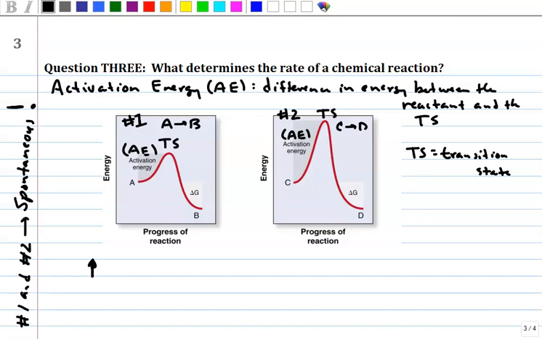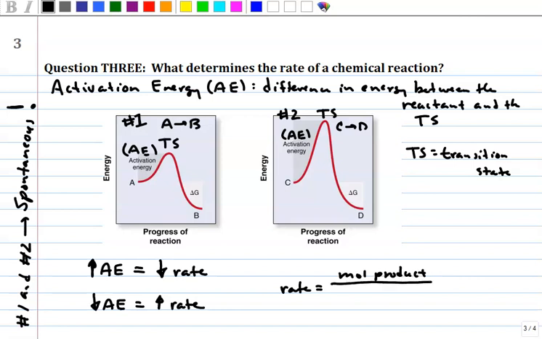As you increase the activation energy, you decrease the rate of the chemical reaction. Conversely, if you decrease the activation energy, you increase the rate of the chemical reaction. And typically a rate is going to be some amount of product, like moles, over some unit of time. So those are the units for rate.